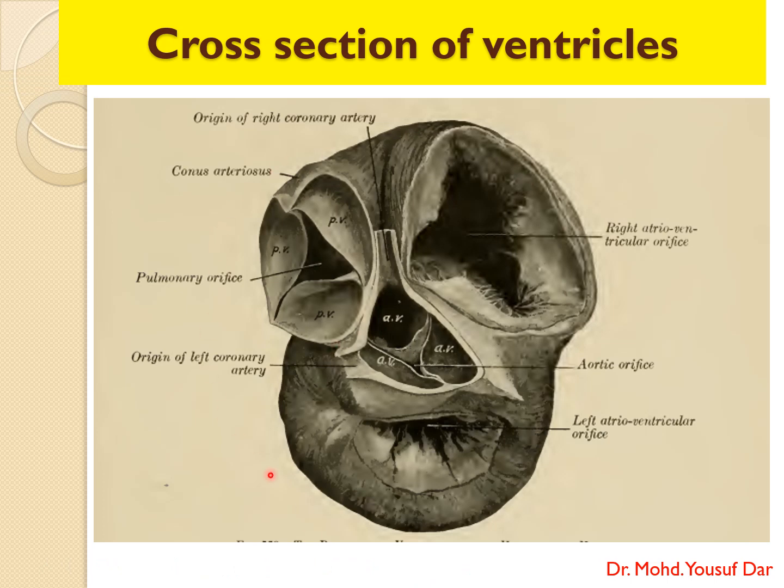So this is the cross section of the ventricle. This is the pulmonary orifice. This is the aortic orifice or aortic opening. This is the aortic valves, semilunar valves. These are the 3 semilunar valves or aortic valves.